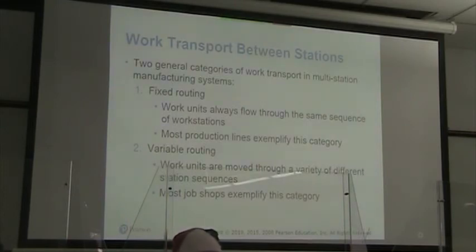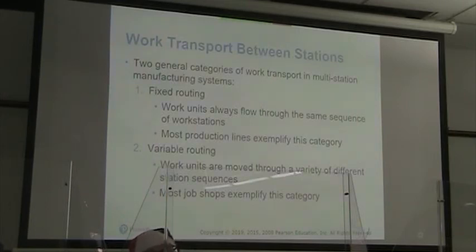When we talk about transporting work in between stations, generally we have two categories. One is fixed routing. Our work units always follow the same sequence of workstations. So usually production lines are of this category.